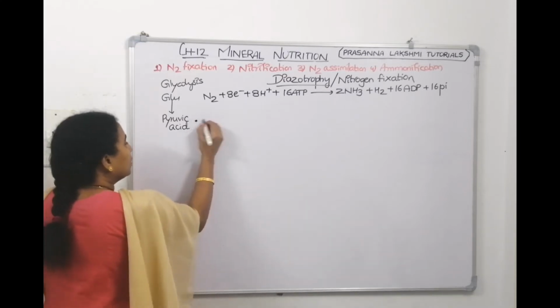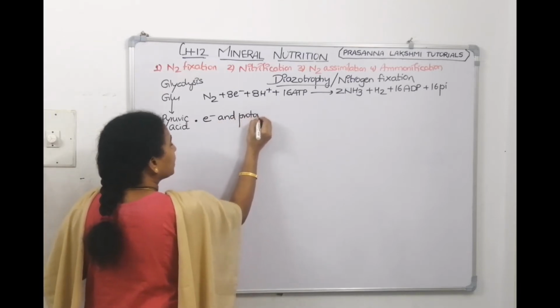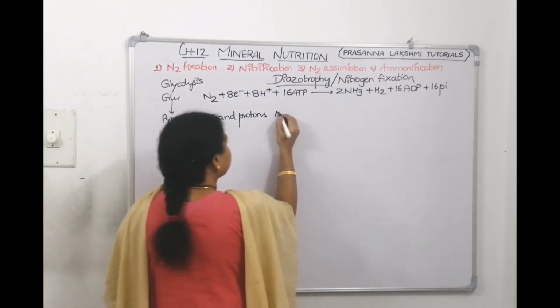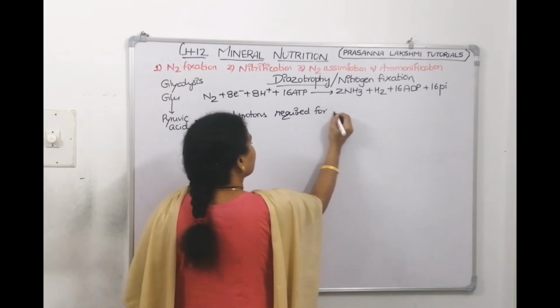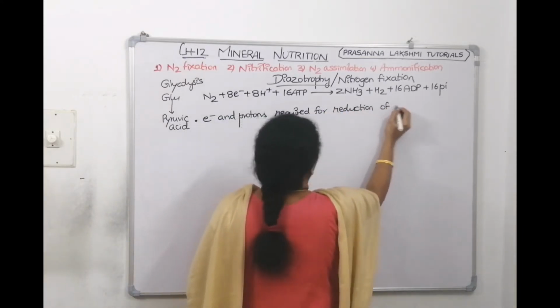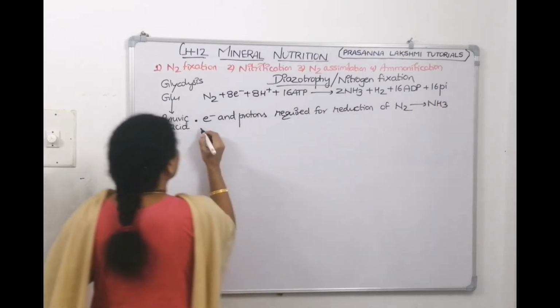So we can say that the electrons and protons required for reduction of N2 to ammonia, from where do they come?